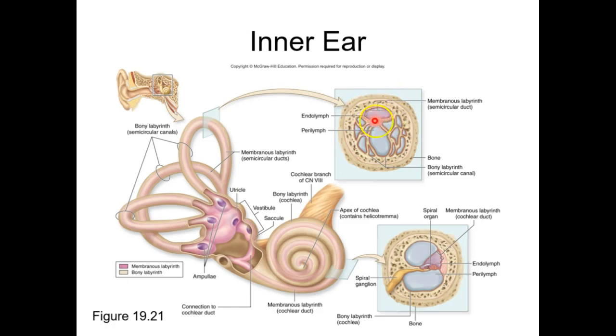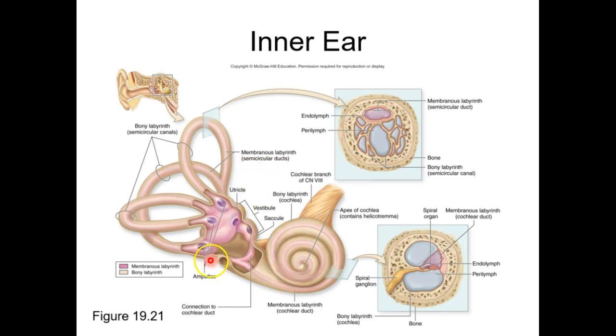That's the fluid we're really going to track and pay attention to. That's got endolymph in it. The bony labyrinth is the rest of it. And then you've got perilymph in between the bony and the membranous labyrinth. That perilymph is going to be more protective. The endolymph is going to be more functional for what we're actually going to talk about for our sensations here.